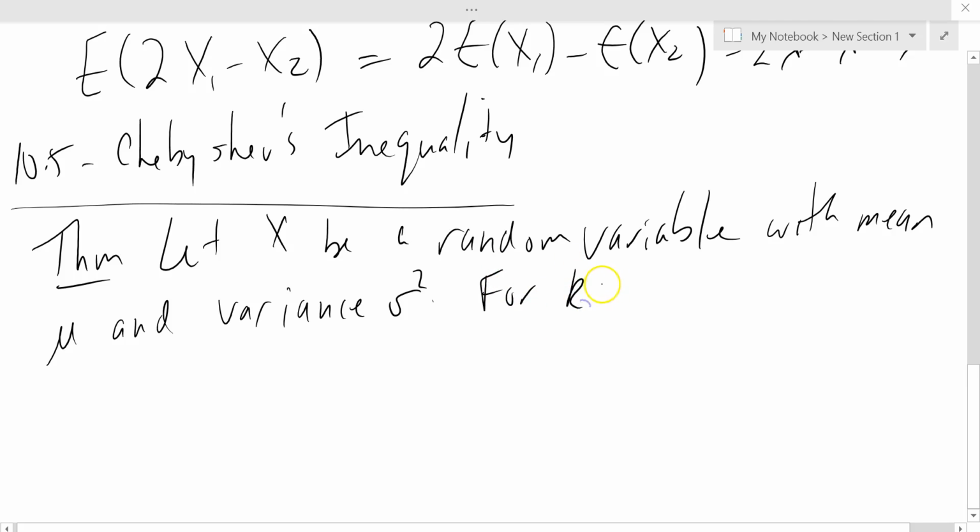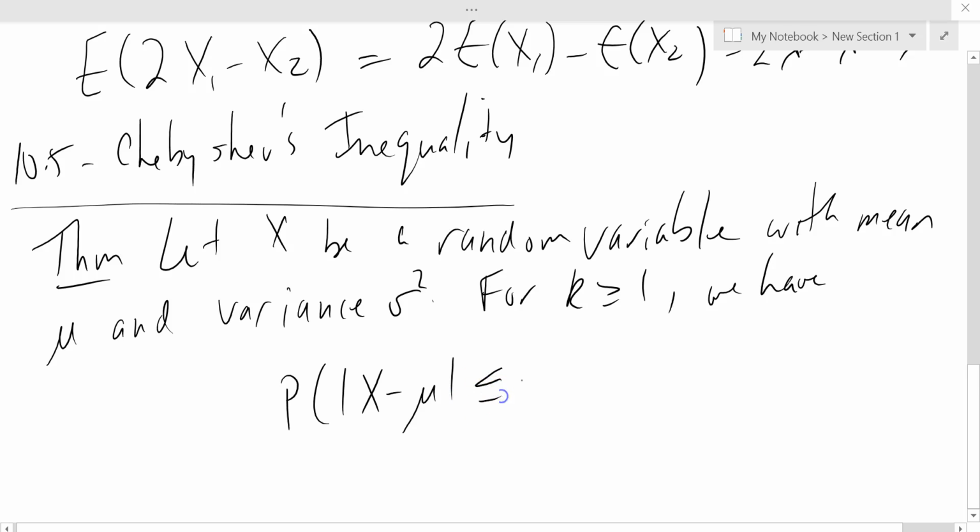For any k that's bigger than or equal to 1, we have that the probability of the absolute value of X minus mu being less than or equal to k times sigma is, sorry, not equal to, is greater than or equal to 1 minus 1 over k squared.